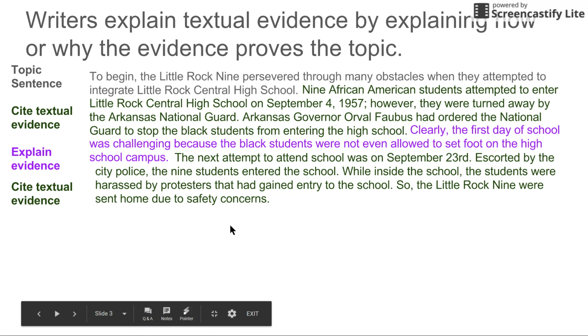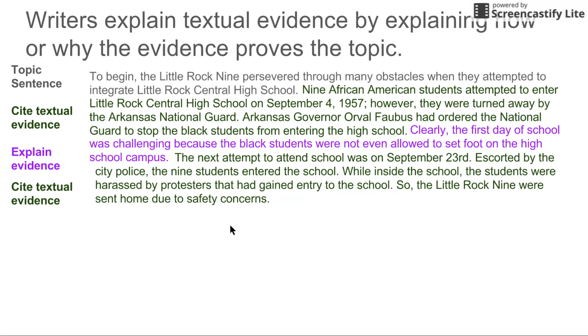The next attempt to attend school was on September 23rd. Escorted by the city police, the nine students entered the school. While inside the school, the students were harassed by protesters that had gained entry to the school. So, the Little Rock Nine were sent home due to safety concerns.